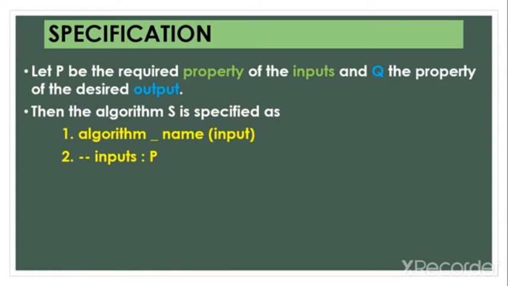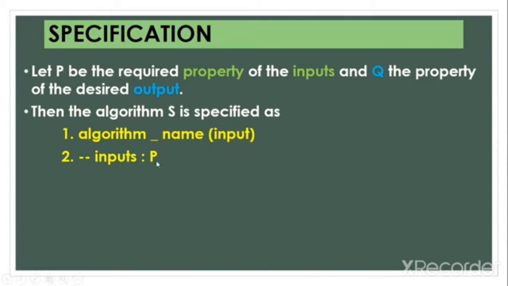If I just give p here, you will be confused. We don't know what p is. So for our understanding, I give the word input beside it. This word input will not be executed by the computer. Only the p will be taken as an instruction here.